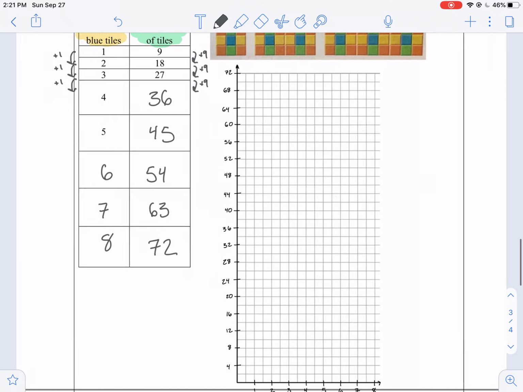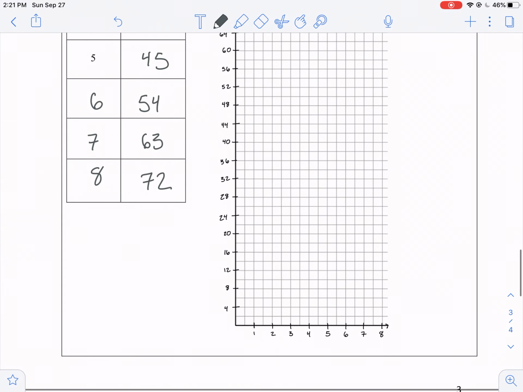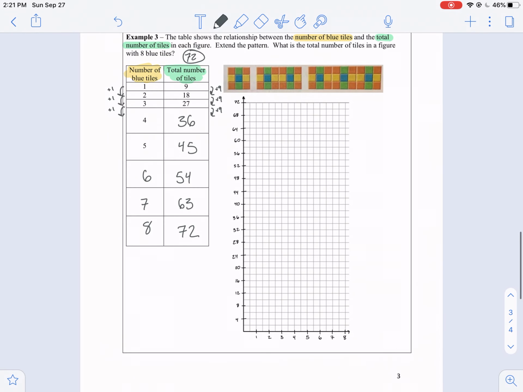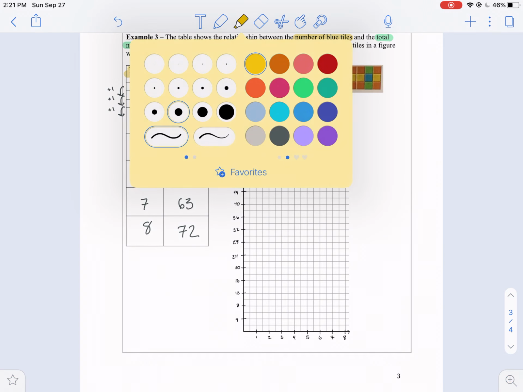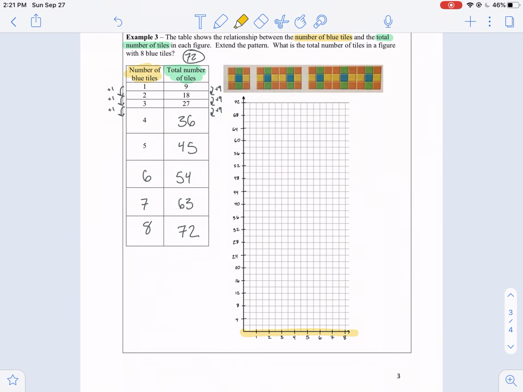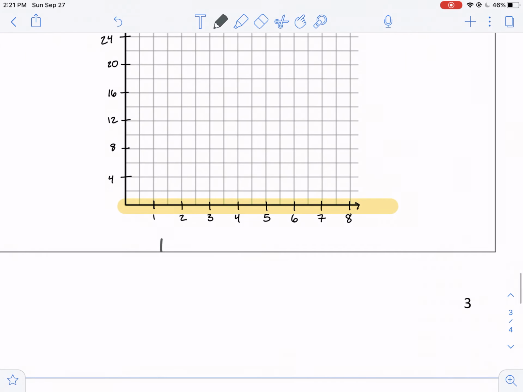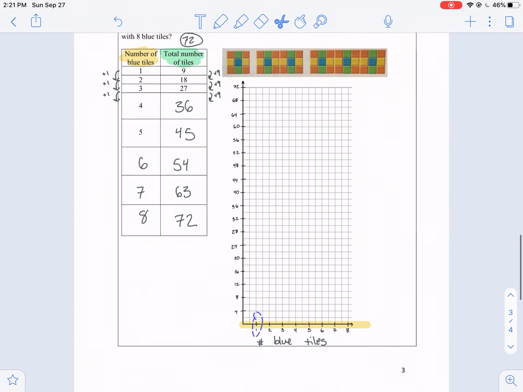Let's see if graphing it will give us the same answer. So let's take our number of blue tiles and we'll put them along the bottom down here. So we'll label that number of blue tiles. Now I noticed that this has 16 bars across, but we only need to get to the 8th level, so I spaced out my tallies, my little tick guys, just to make it look neater.